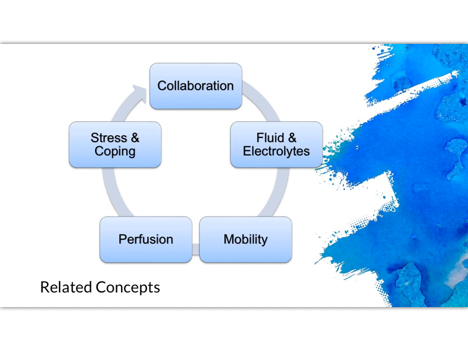When we're looking at concepts that are interrelated to metabolism, really every single concept could be related to metabolism, but we look at collaboration. It makes sense because a lot of times these patients have comorbidities that need to be managed. The first one that pops into my mind is when someone has type 2 diabetes, and maybe it's the result of obesity, and so they need to see a nutritionist and an exercise specialist.